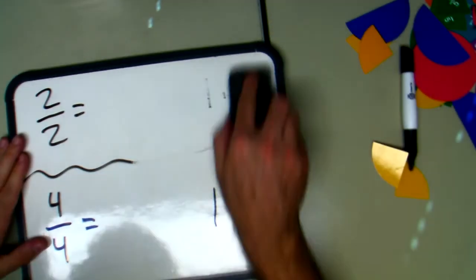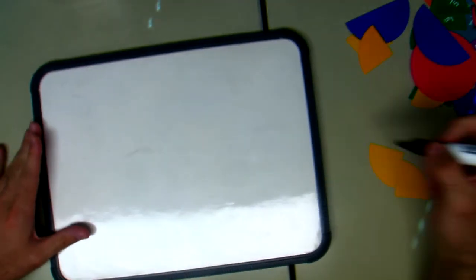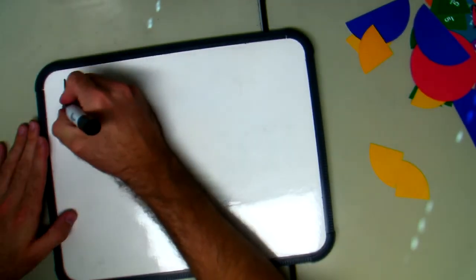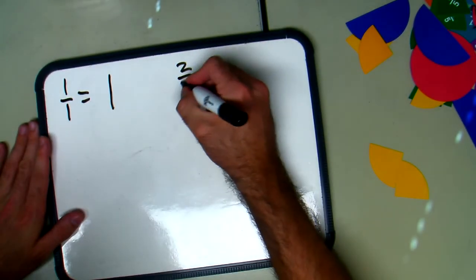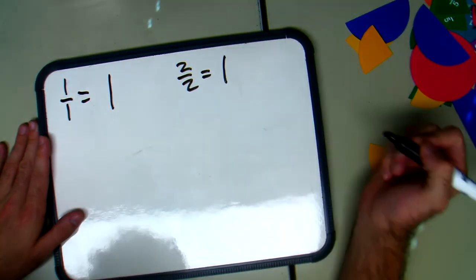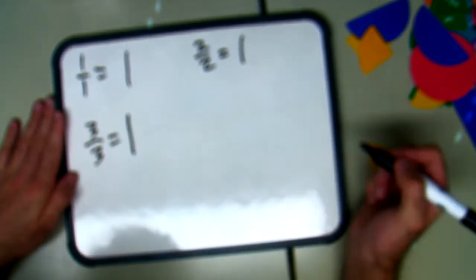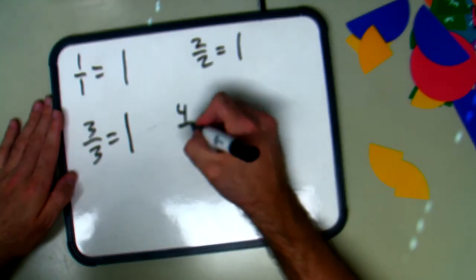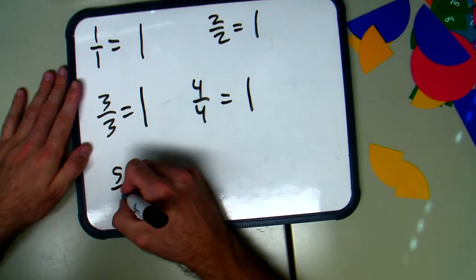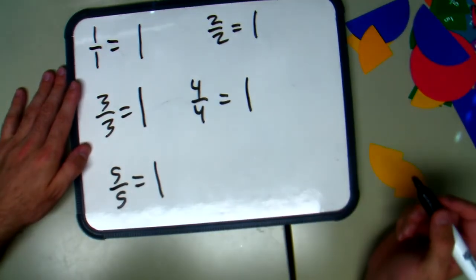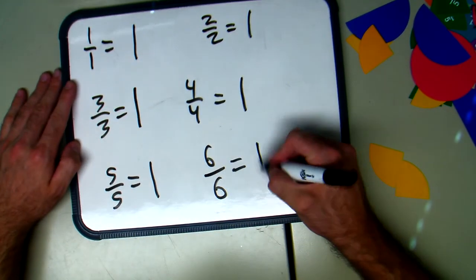So maybe you're noticing a pattern now. 1/1 equals 1. 2 halves equal 1. 3/3 equals 1. 4/4 equals 1. 5/5 equals 1. 6/6 equals 1.